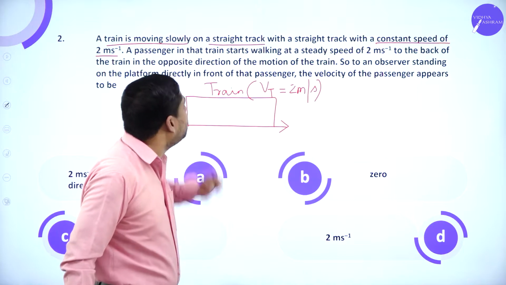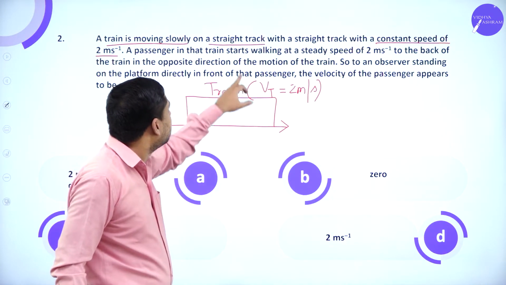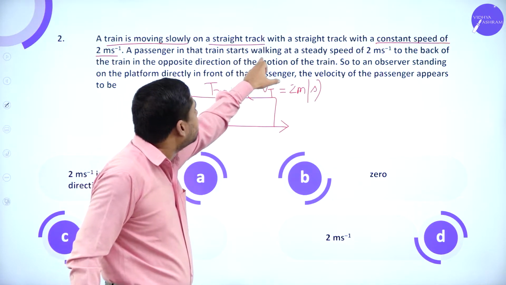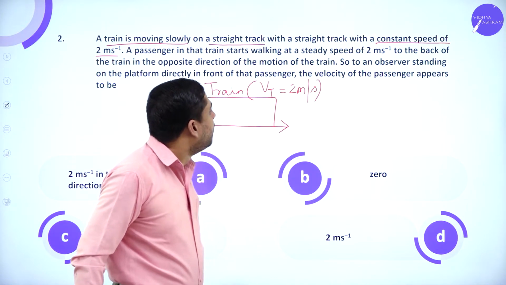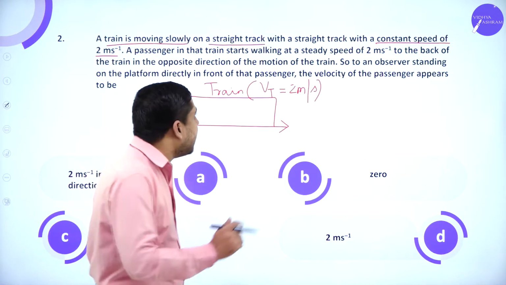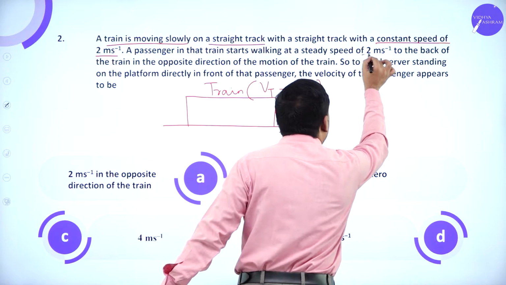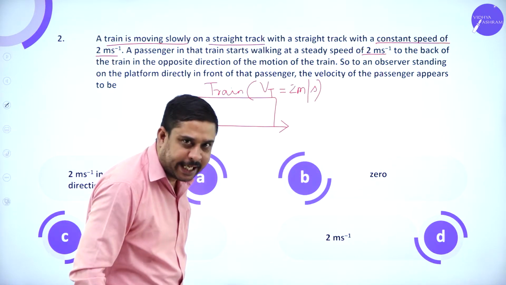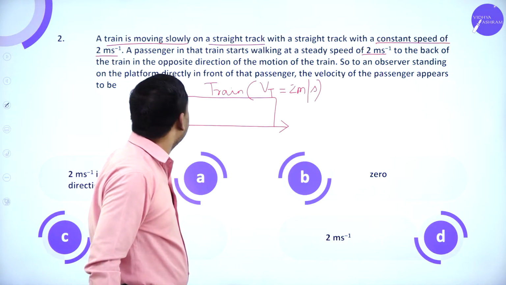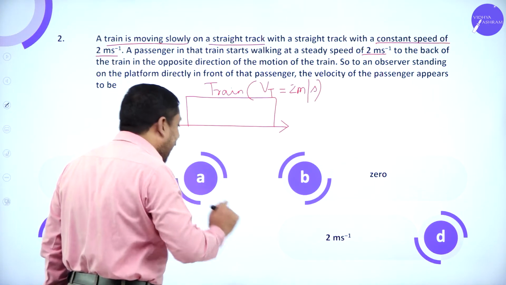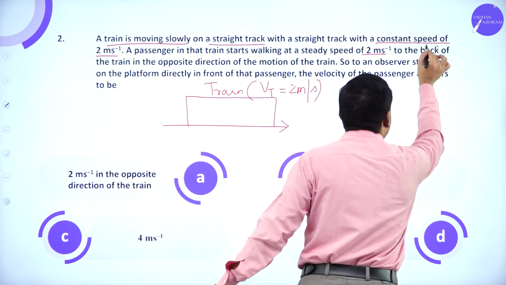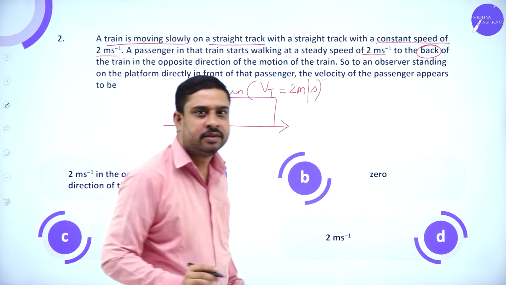A passenger in that train starts walking with a steady speed of 2 meters per second to the back of the train. Very important word.